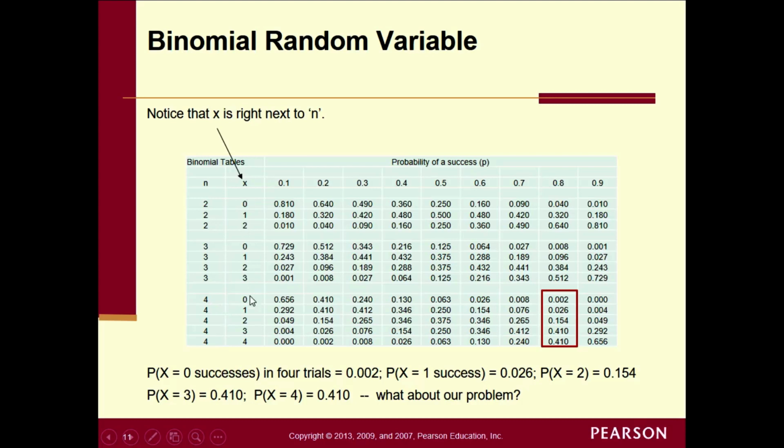The probability that we get 0 successes when the success rate is 80% is 0.002, very small. The probability of 1 success is 0.026, the probability of 2 successes is 0.154, 3 is 0.410, and 4 is also 0.410, believe it or not. That's the way you go about reading the table.